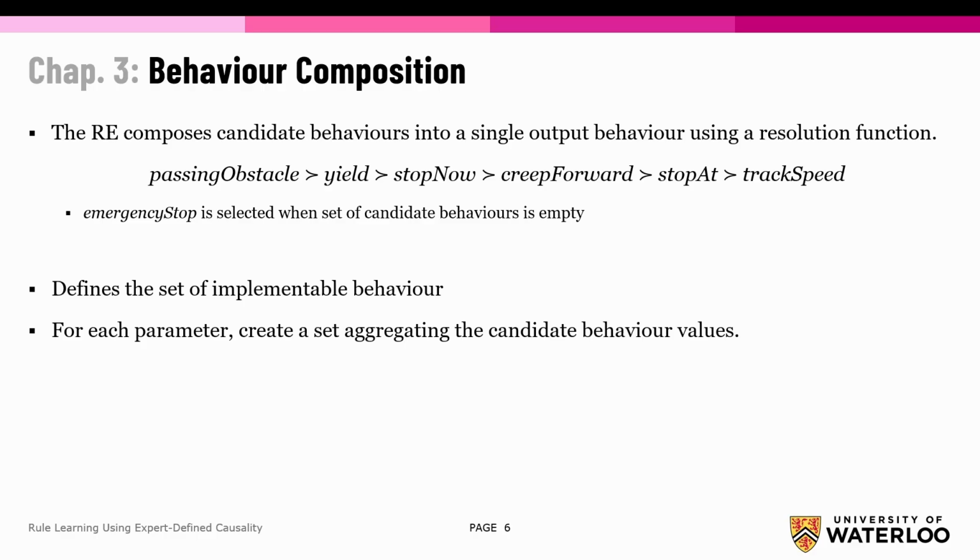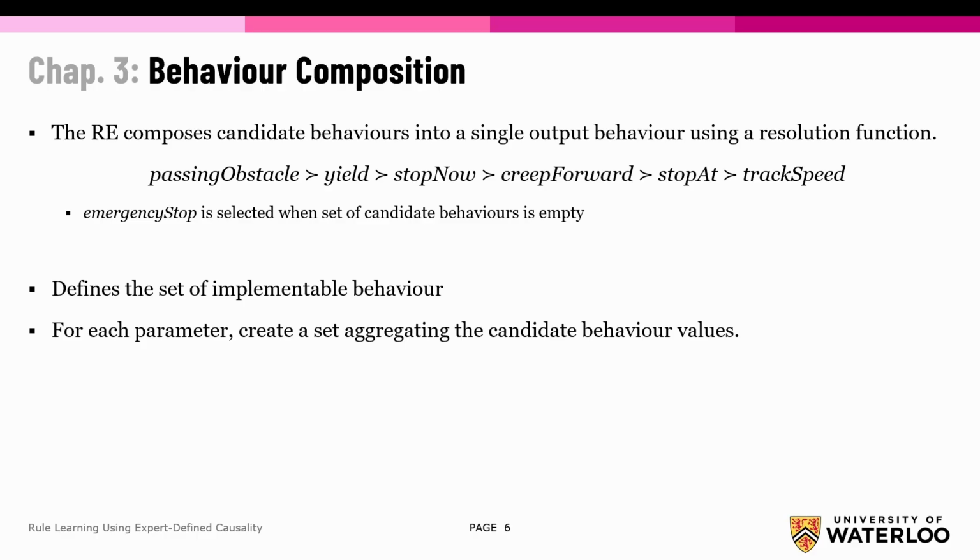There is also a second goal to the second layer of rules, which is to define the set of implementable behaviors. So in this case that we were studying, the behavior we will end up doing is the stop at behavior. For the stop at behavior, it extracts the relevant parameters, so the parameters that are compatible with the stop at behavior, and for each parameter it is going to go over the set of candidate behaviors from the previous layer and check what the candidate values are.